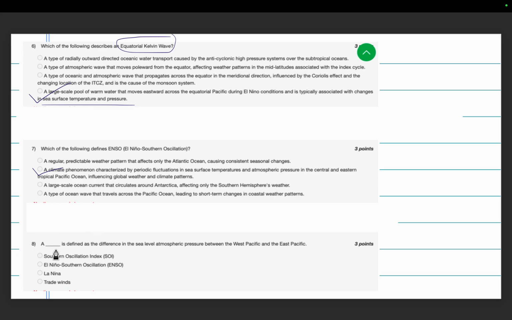Question 8. A dash is defined as the difference of the sea level atmospheric pressure in between West Pacific on the east and the East Pacific. Southern Oscillation Index, El Nino Southern Oscillation, La Nina, and trade wind.